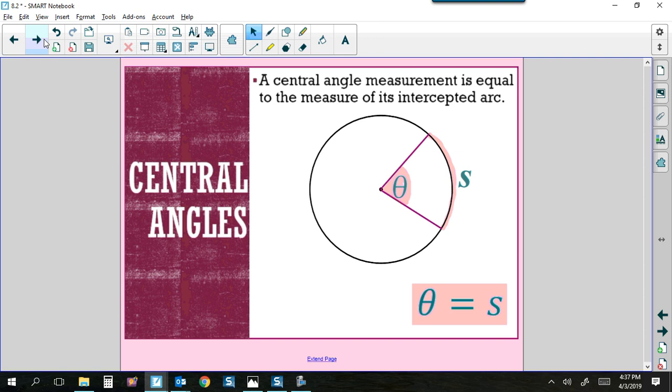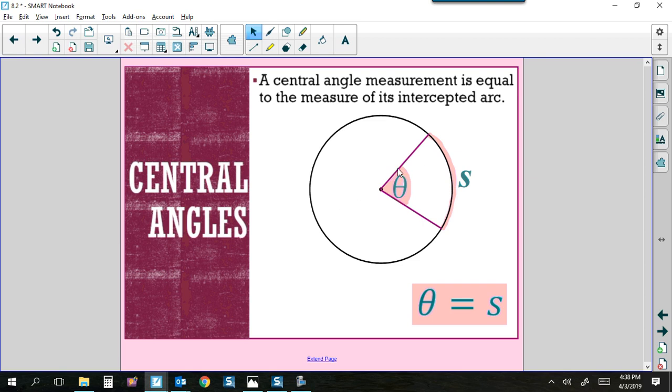Now the fact that the angle theta is equal to the arc measure should make a lot of sense, because all the way around the circle is 360 degrees, and like we said, all circles are similar, so it doesn't matter the size of the circle. If you were to draw the little circle, the congruency mark showing it's an angle, and continue all the way around, it would make this really small circle, which would be concentric.